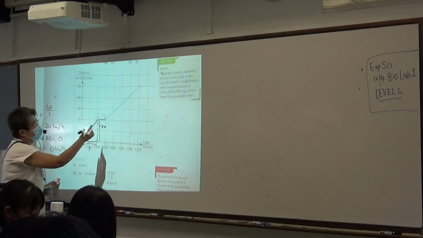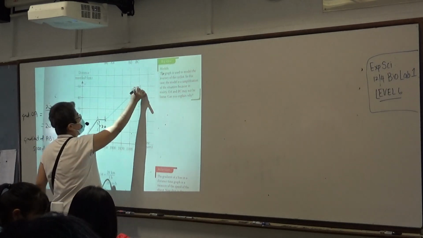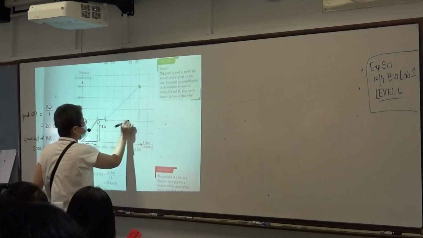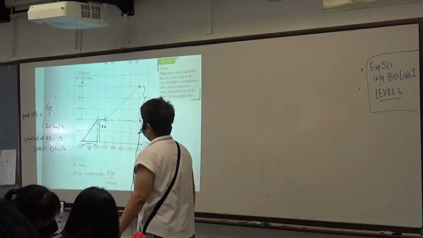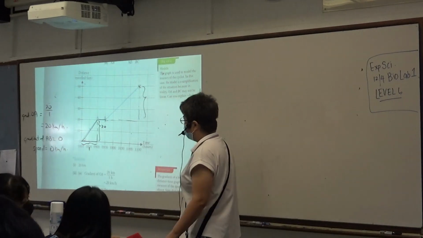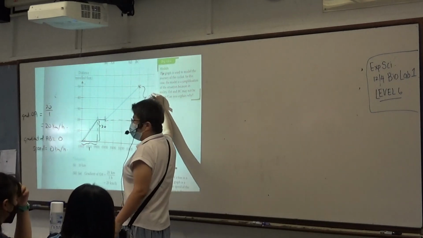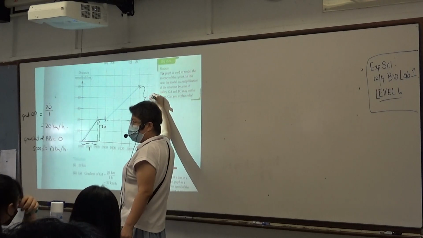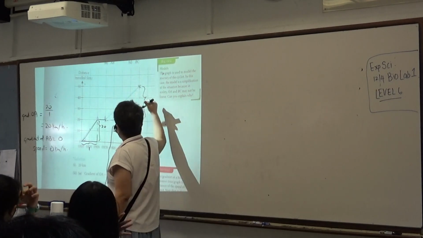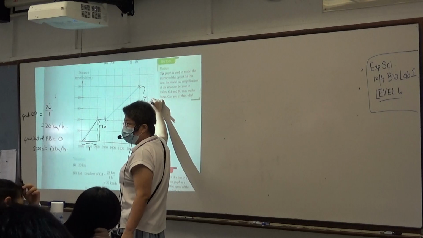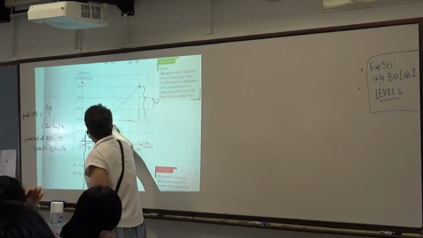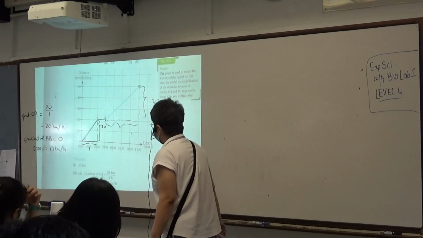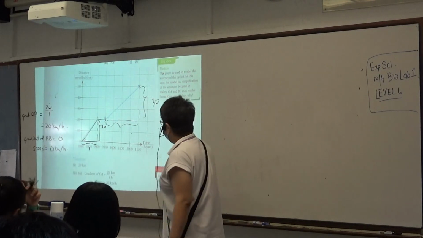What about the last section here? Okay, let me draw these two dots. What is the height there? From here to here, how many kilometers? 30. Good. What's the time? How many hours? 2 hours.